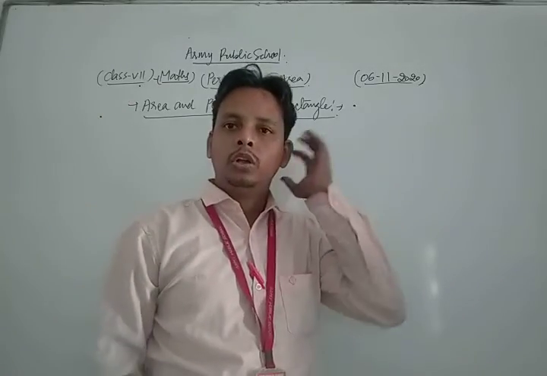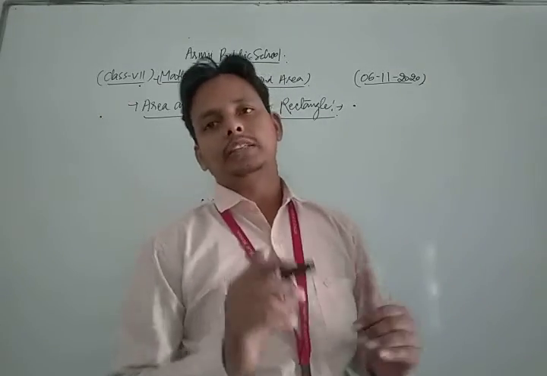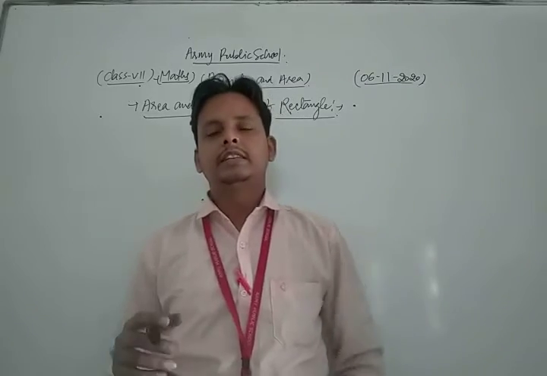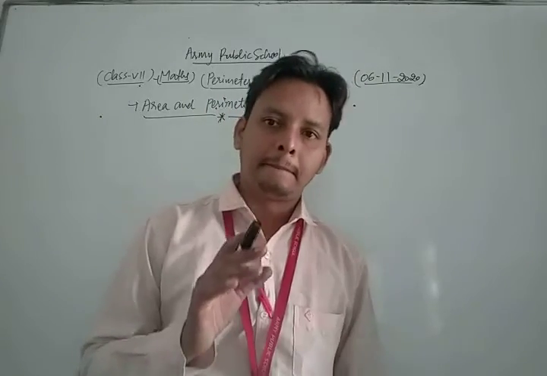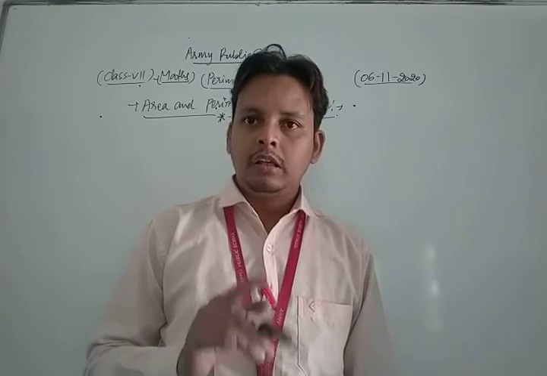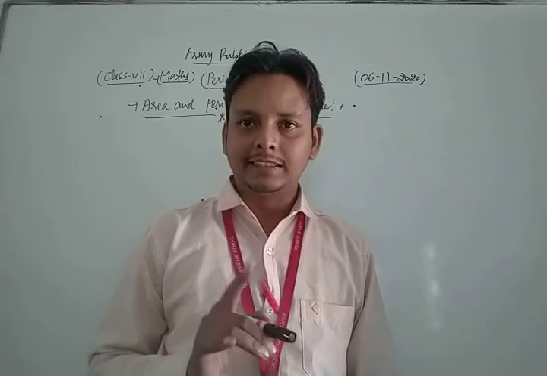Okay, dear friends, first of all we discuss the concept of a rectangle. Dear students, a rectangle is a special type of quadrilateral in which opposite sides are equal as well as each angle is equal to 90 degree.